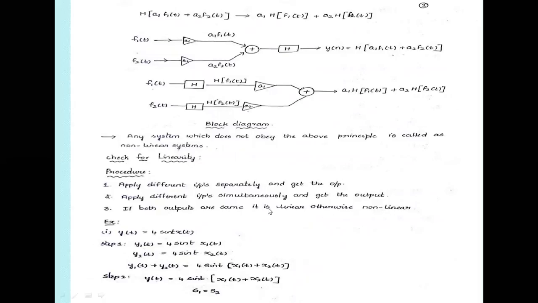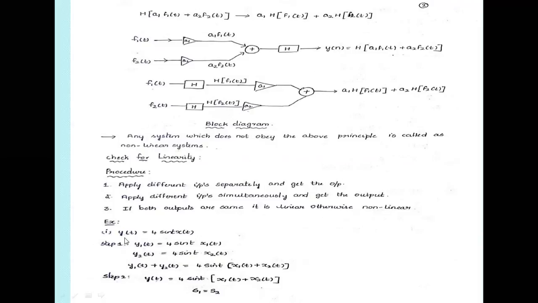If both outputs are the same, it is linear, otherwise it is non-linear. The first diagram shows applying inputs separately, and the second shows applying them simultaneously. If both are equal, then that system is linear.